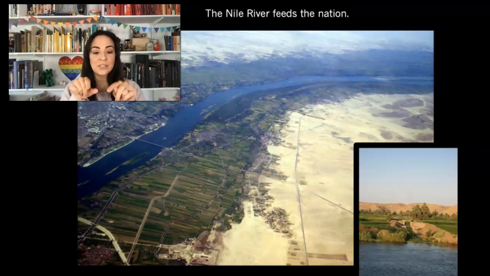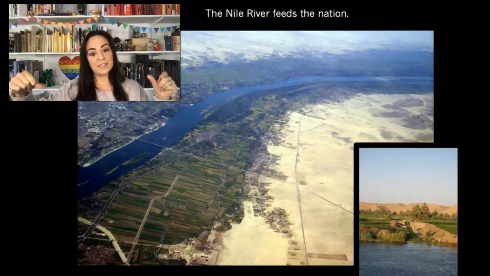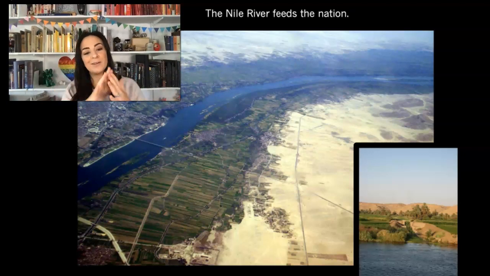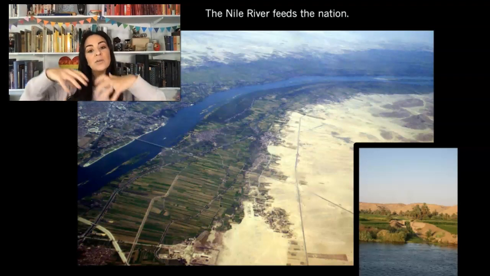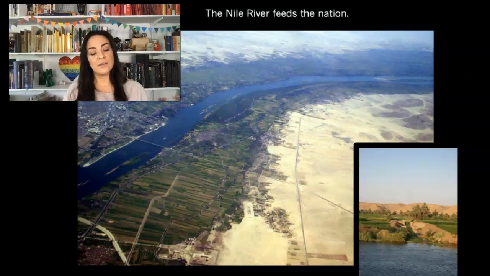I show you this picture of modern day Egypt because it shows you the borders of the floodplain, the Nile River in the middle, and then the floodplain is about 2 or 3 miles on either side. So that is where you would have your crops. And then the cities would be dotted up and down the river.